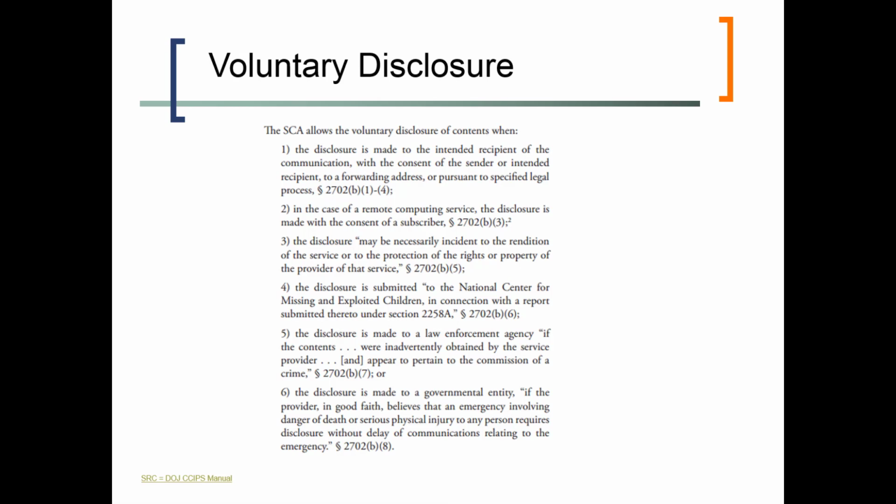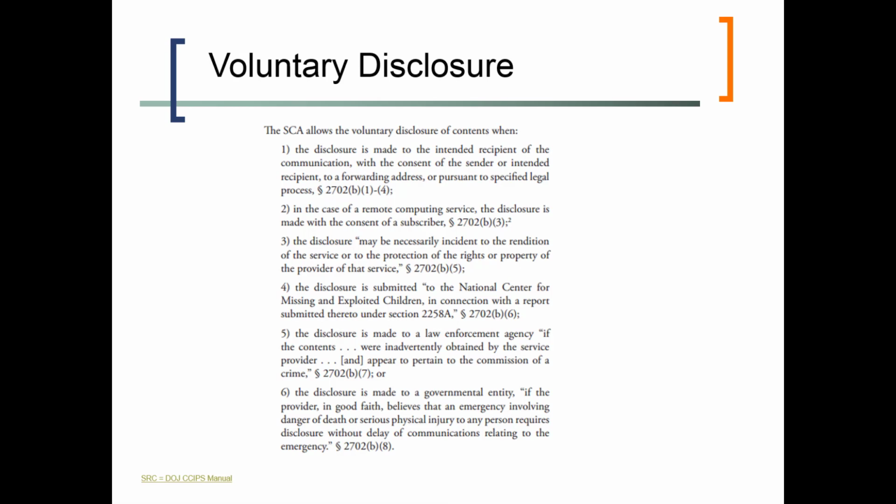All right, what else? There are other circumstances in which voluntary disclosure can be allowed regardless of this public-private distinction. And one really important one is consent. So if a disclosure is made with the consent of the sender, then it can be voluntarily made.